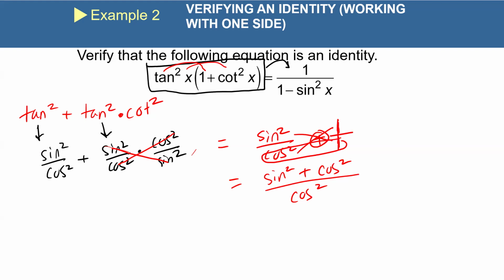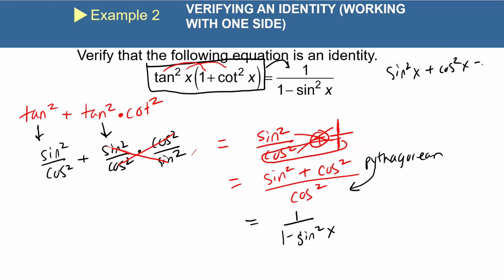Looking in the numerator, what identity do you see? 1. Why is it 1? Exactly. Our good old Pythagorean. Sine squared plus cosine squared equals 1. With that same thought, cosine squared can also be written as 1 minus sine squared, because we have sine squared plus cosine squared equals 1.